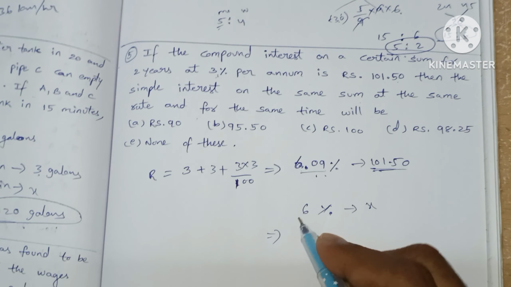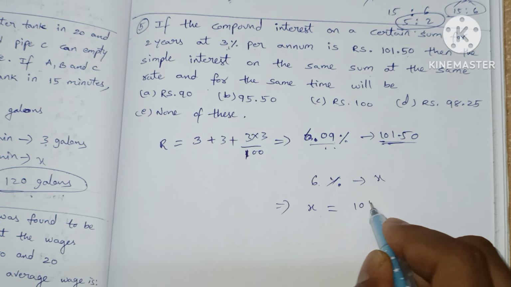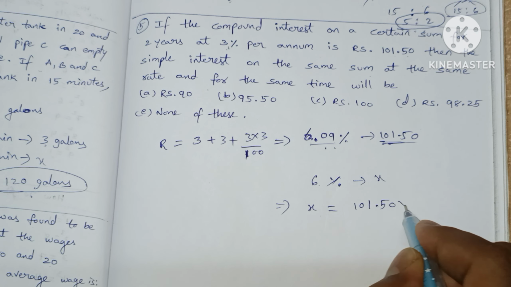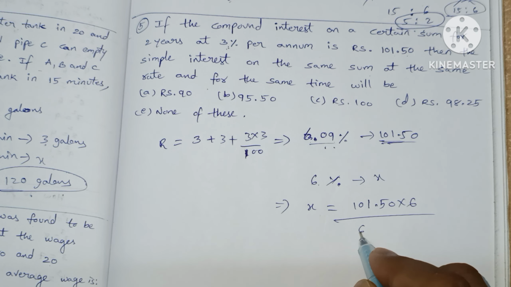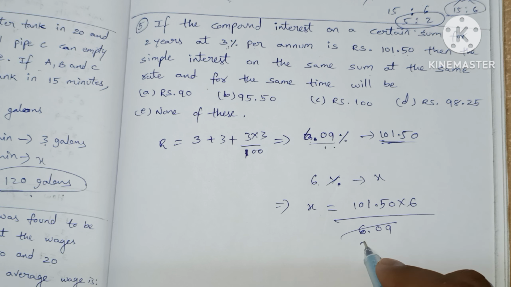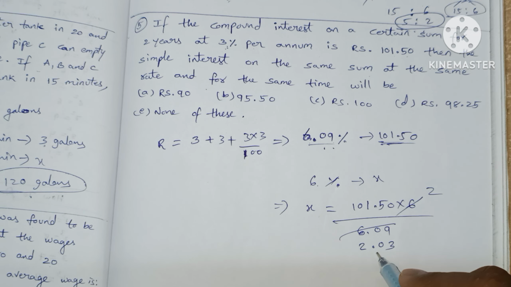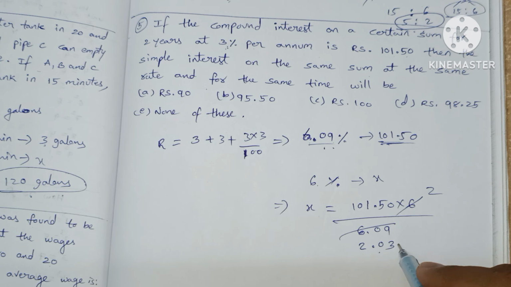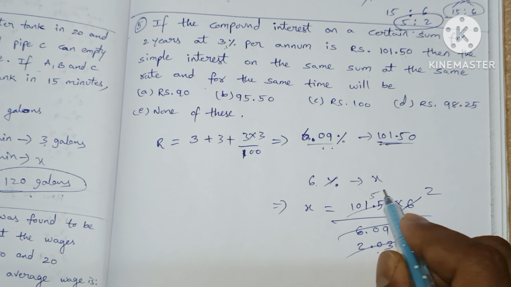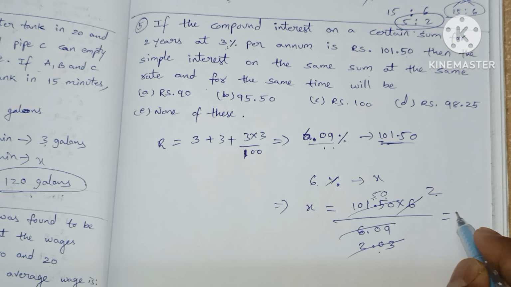So the x value will be 101.50 into 6 divided by 6.09. 2.03 times 3 times 2, 5 times 0 times 50 times, 2 times 50 is 100. So our answer will be 100, option C.